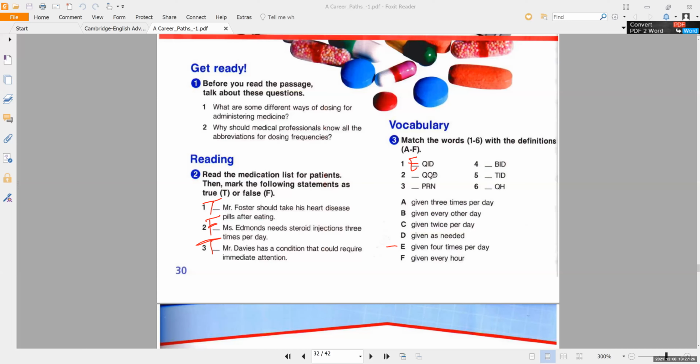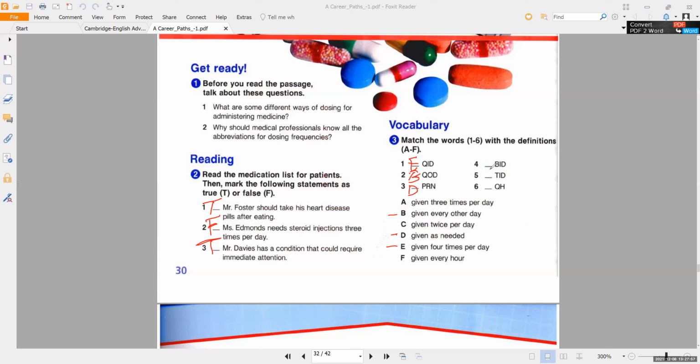Yes, QOD is number B, given every other day. PRN, number 3 is D, given as needed.